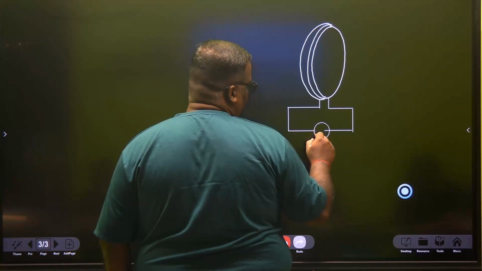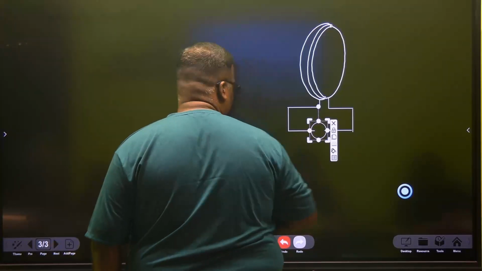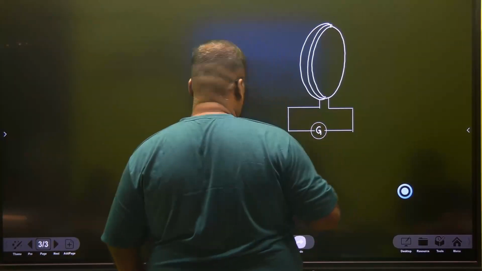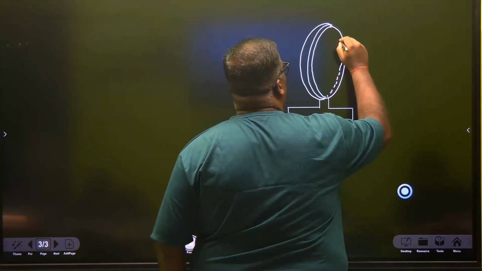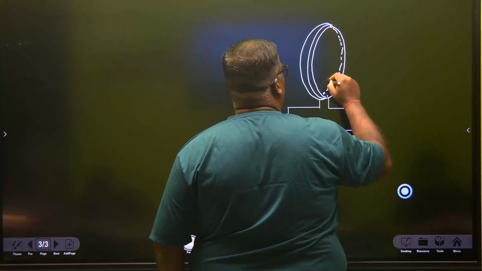We have connected this coil to a galvanometer, right?